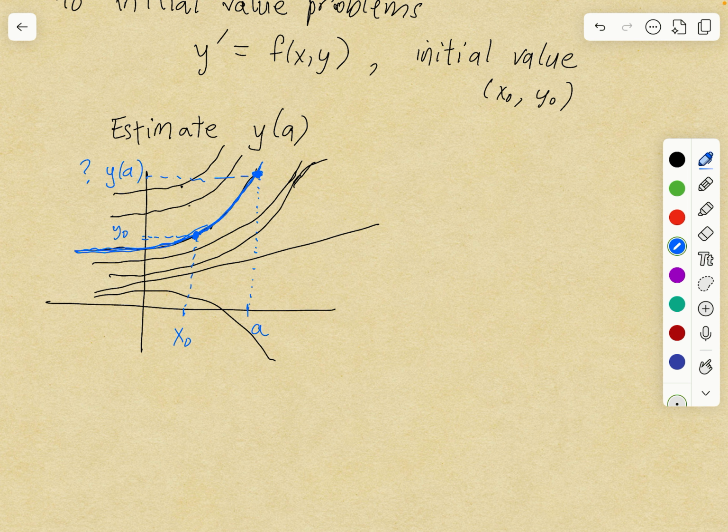But the idea of Euler's method is to estimate the value. So Euler's method isn't going to tell you exactly what y of a is, it just estimates y of a. And the idea is to use the tangent line approximation.